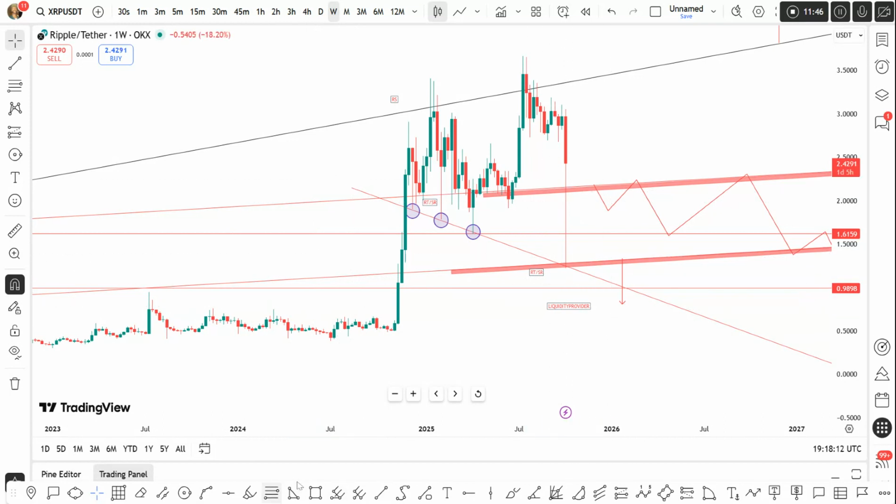So what we have here is a double confluence, giving it a high probability buy. Here is a double confluence. That's double confluence at that level.